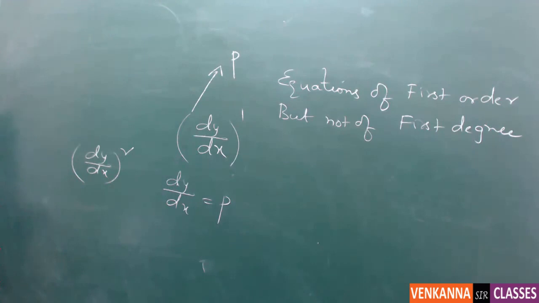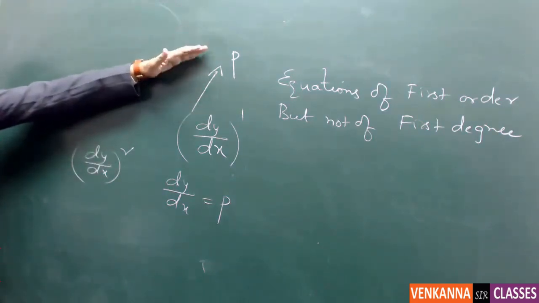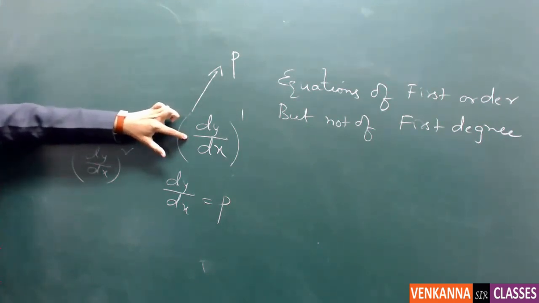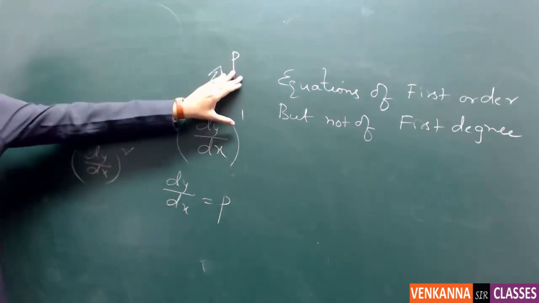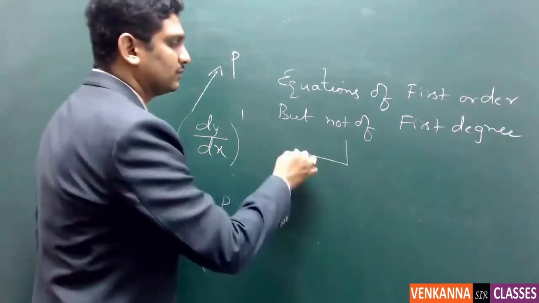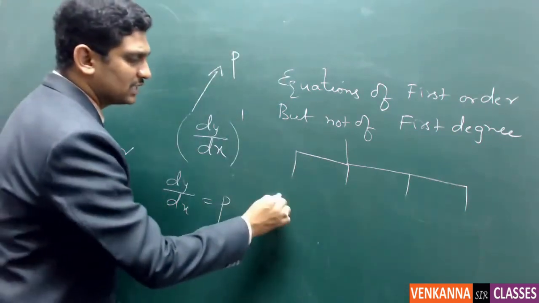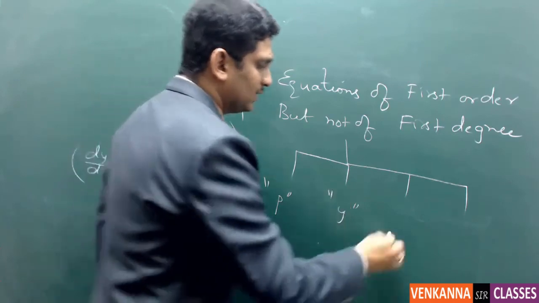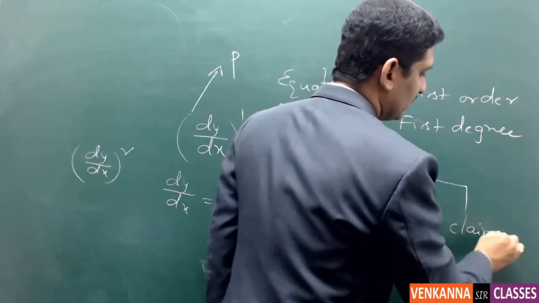So here onwards, whenever the p symbol is present in the equation, we have to understand that p is nothing but the differential dy by dx. Every problem under this category is classified into 4 models: equations solvable for p, solvable for y, solvable for x, and Clairaut's equation.